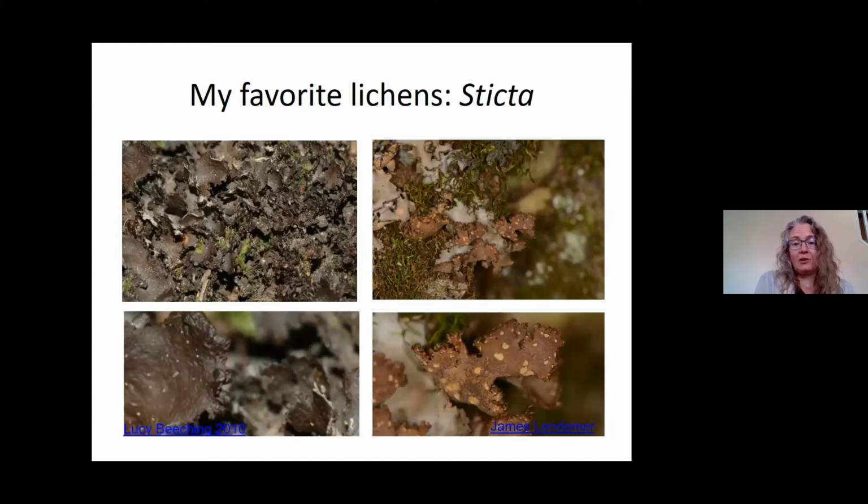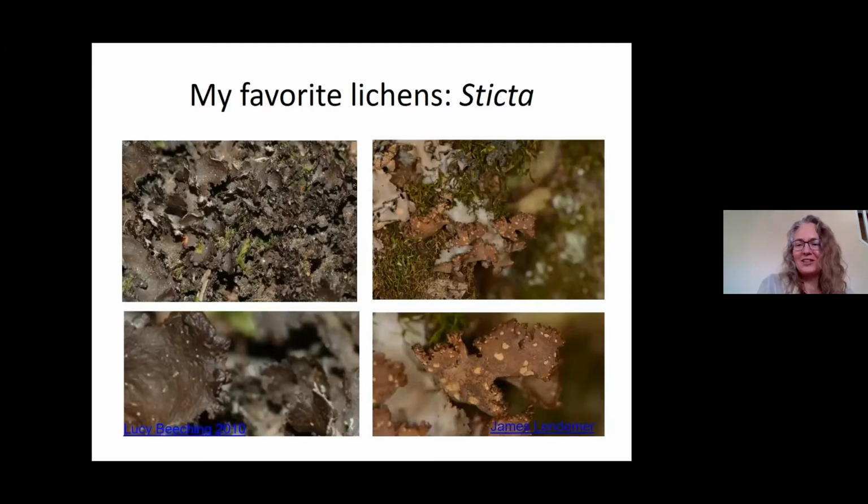So I spent quite a lot of time with real chemists trying to figure out the name of that chemical so I could give the name of the chemical to the lichen. So it was a long process. It was a fun process. I learned a lot, and it brought me out of the woods into the lab, but I was okay with that because it was all in service of figuring out these lichens.